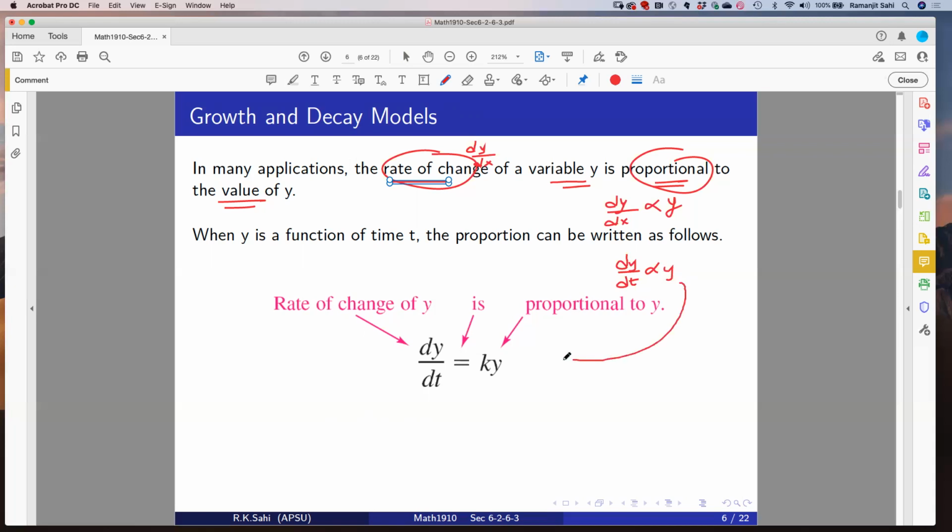The way we remove the proportional sign is we write dy by dt equals k times y, where k is a constant. So the rate of change of y, which is a derivative, is proportional to y, meaning it equals k times y. Here is an overview of our growth and decay models.